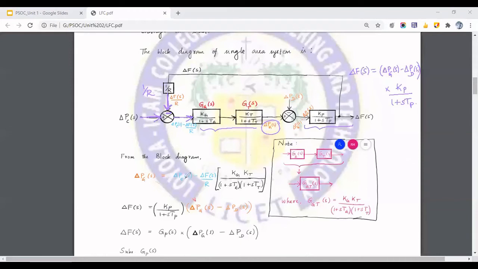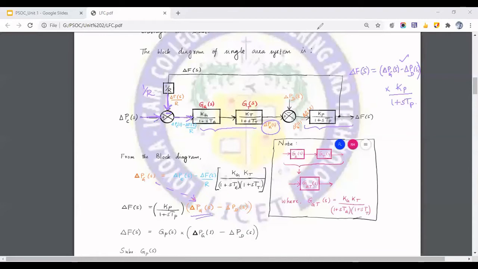So input is delta PC of S minus delta F of S divided by R into the transfer function of the combination. Now we know delta PG of S. Now let us substitute delta PG of S in this expression, which is written here.